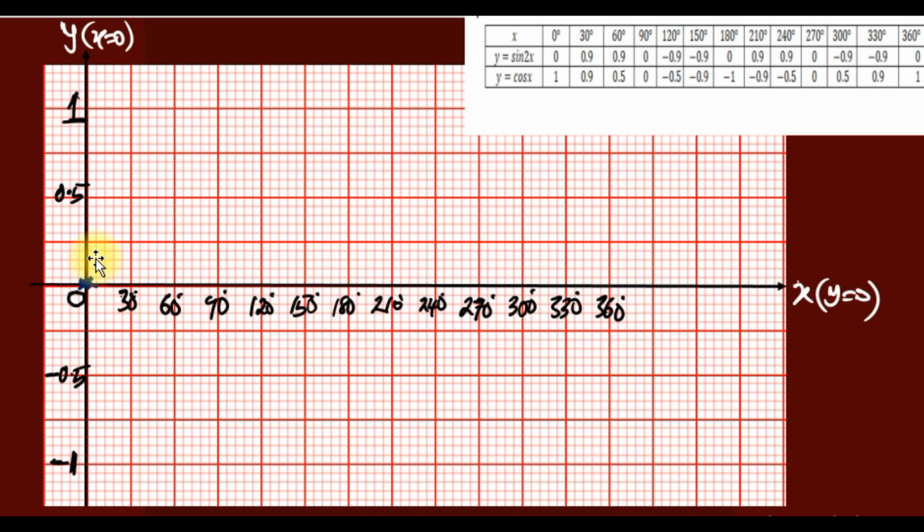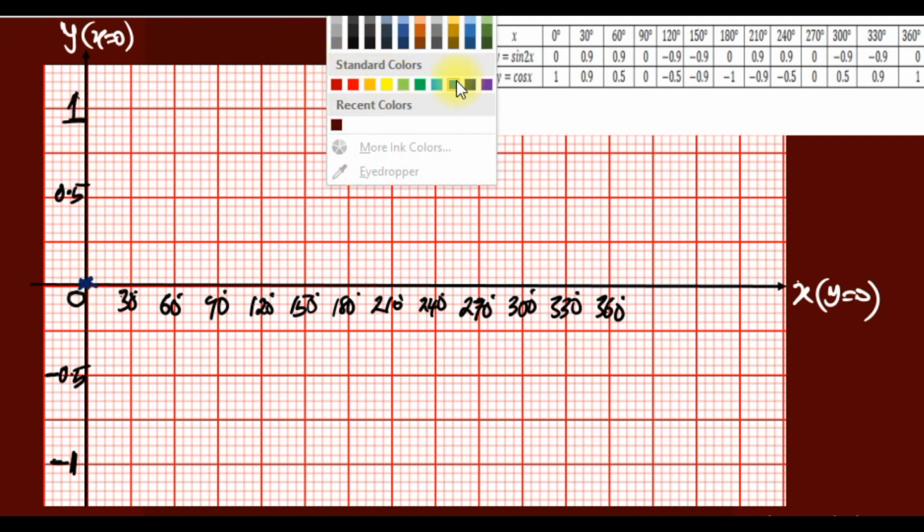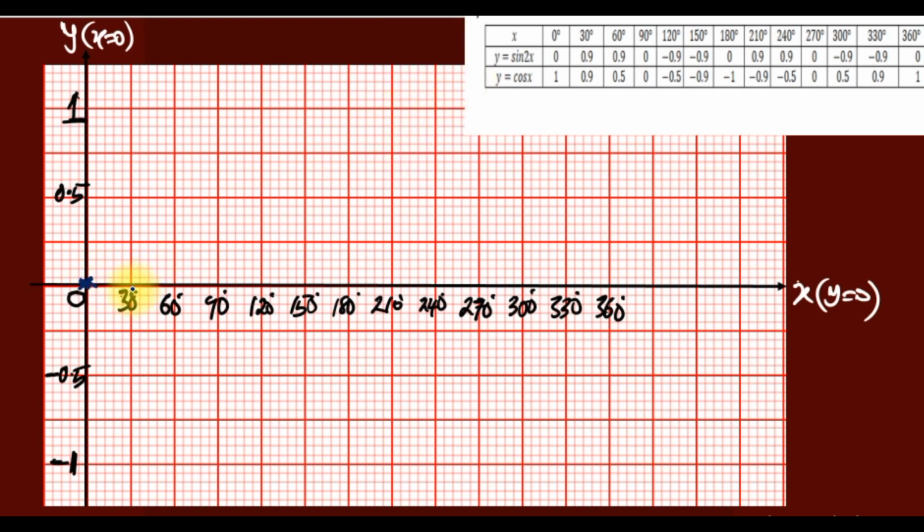I have 18. So when x is 30, I'll move 18 grid lines up. So 5, 10, 15, 16, 17, 18. That's my 0.9. And again, 60 is also 0.9, which is here.